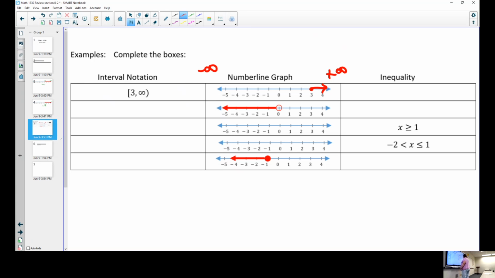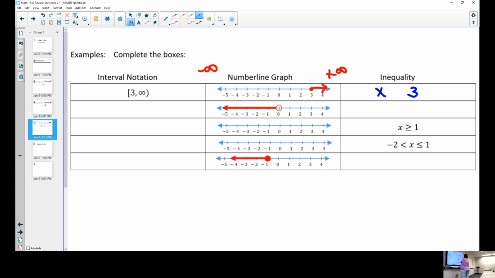So I've got the number line. Once I have the number line, I can then write my inequality. I can start with my x, and then my 3, and these x's are where I shaded.